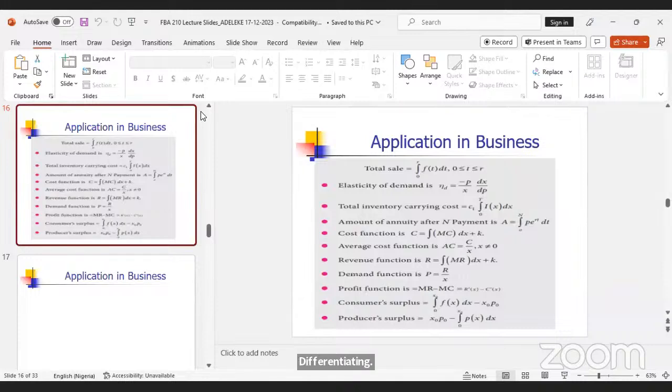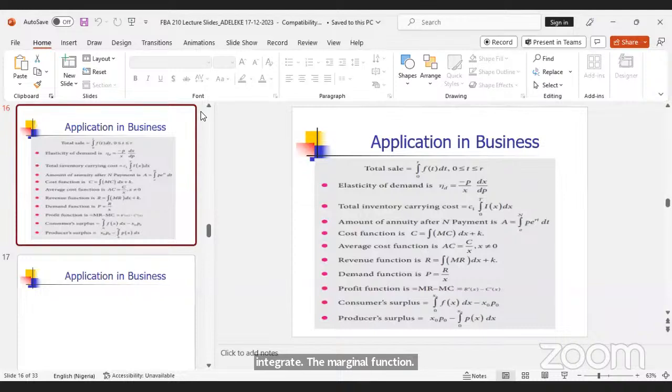On the other hand, if you have the marginal function and you are required to get the total function, the difference is in integration. You will have to integrate the marginal function to get the total function.